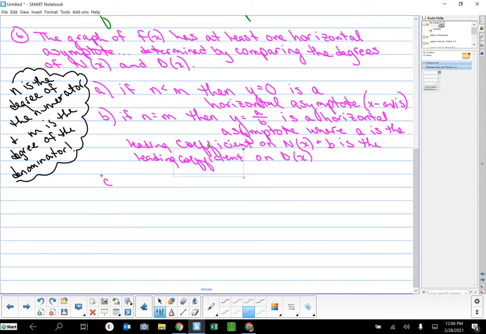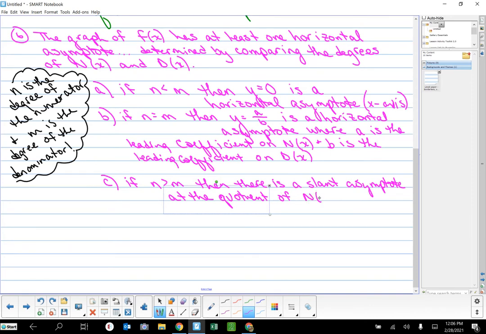And then c is, and I'm not going to give you any of these, and I'll tell you why. If n is greater than m, then there is something called a slant asymptote. It's the quotient of the numerator divided by the denominator.